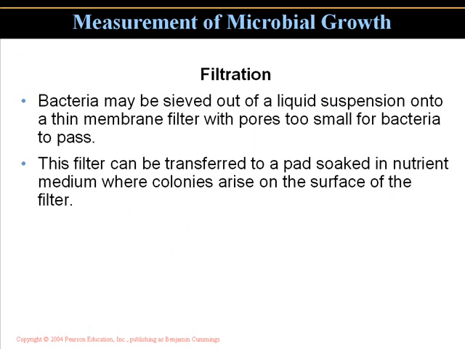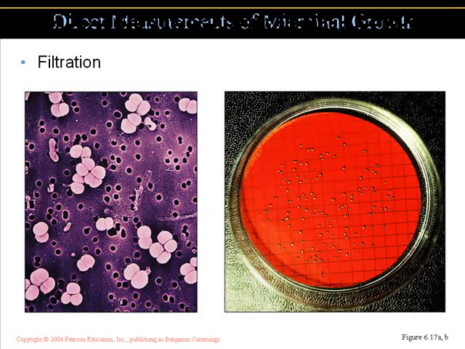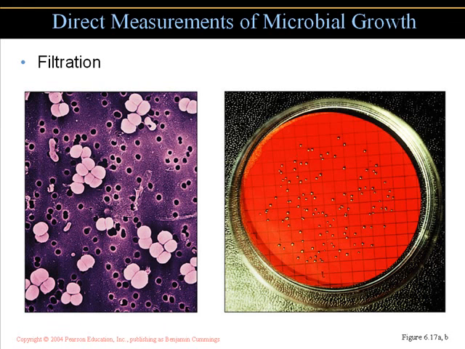There are some other methods for measuring the number of microorganisms that have grown. This is called a filtration method, where bacteria can be sieved out of a liquid suspension onto a thin membrane filter with pores too small for bacteria to pass through. This filter can be transferred to a pad soaked in nutrient medium to be counted.